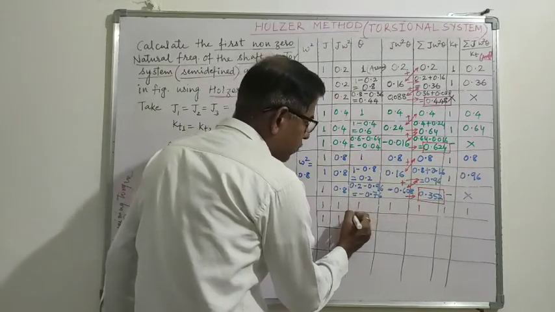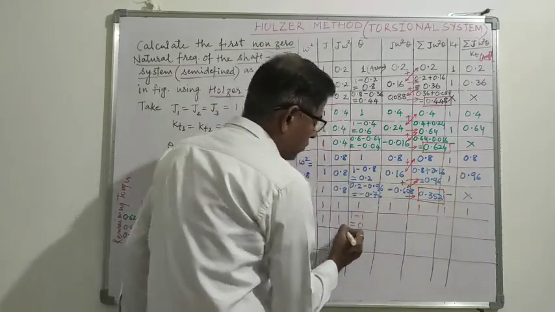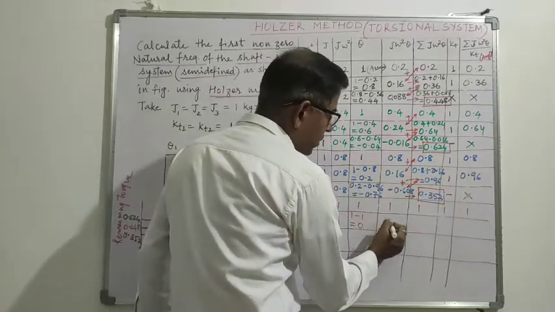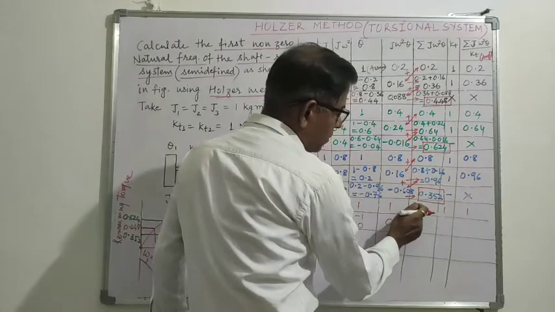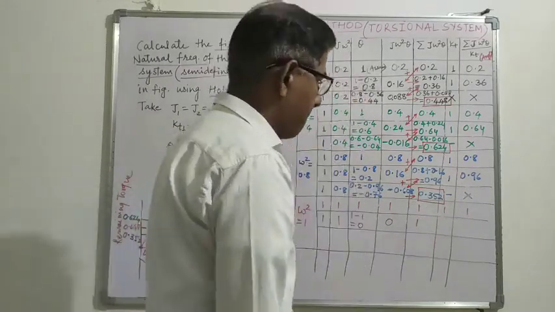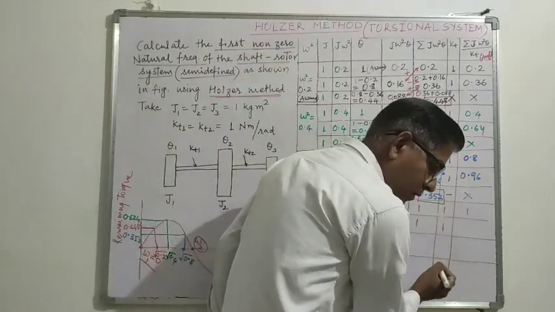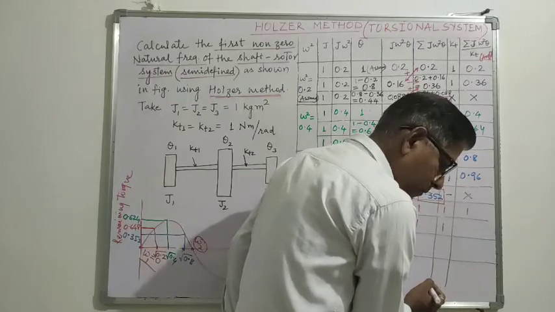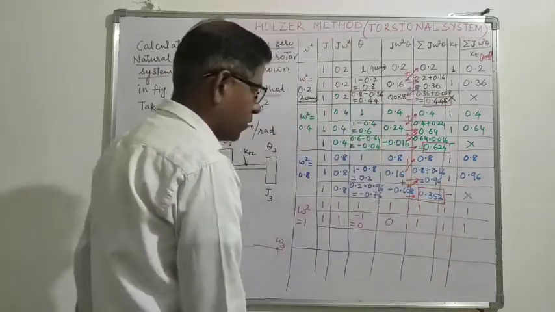So 1 minus 1, the angle in this case is 0. And 0 into 1 is 0. And 0 plus 1, the answer is 1.